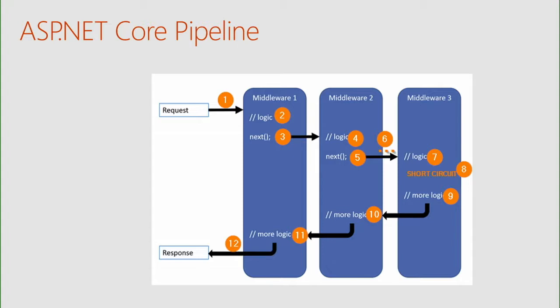We can suppose as many middlewares as we want. This set of middlewares composes the ASP.NET Core pipeline. When we arrive at a middleware which doesn't have a next method, this middleware will short circuit and give back the response to the previous middleware, which can do some logic. The other middleware can also do some logic. Likewise, middleware 1, the first middleware, can do some logic, and we get back the response to the end user.